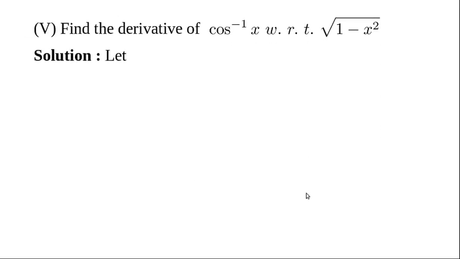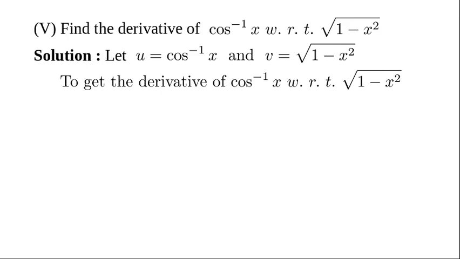In this part, we are asked to find the derivative of one function with respect to another. So derivative of cos inverse of x with respect to root of 1 minus x square. So let us consider u equal to cos inverse of x and v equal to root of 1 minus x square. This is a different way of asking the derivatives of parametric functions only.